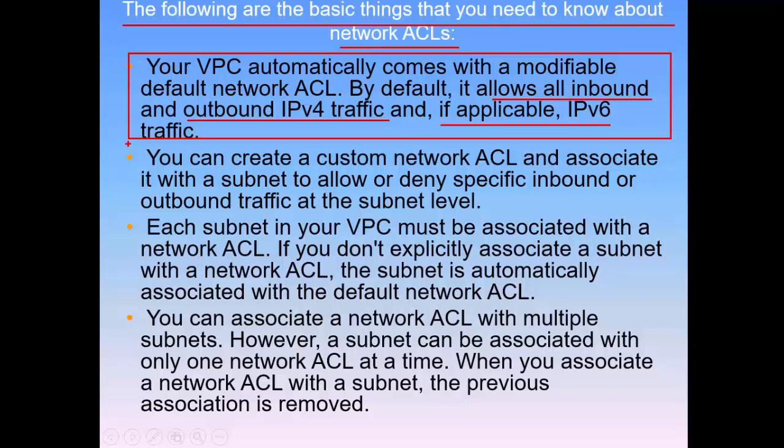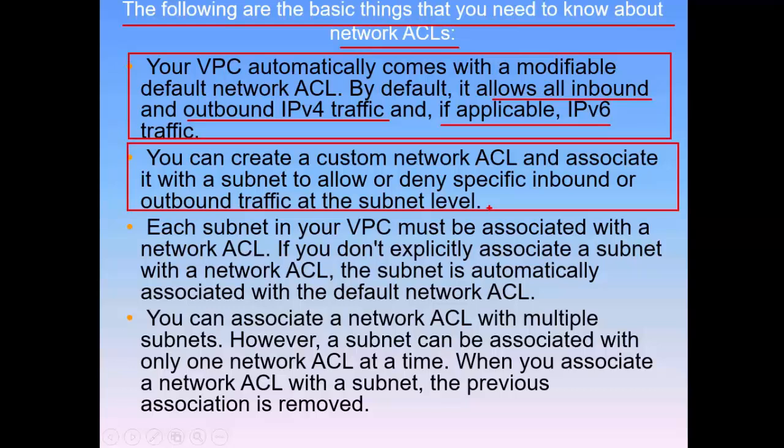You can create a custom network ACL and associate it with a subnet to allow or deny inbound or outbound traffic at the subnet level. Again, I'm repeating, ACL works at the subnet level.